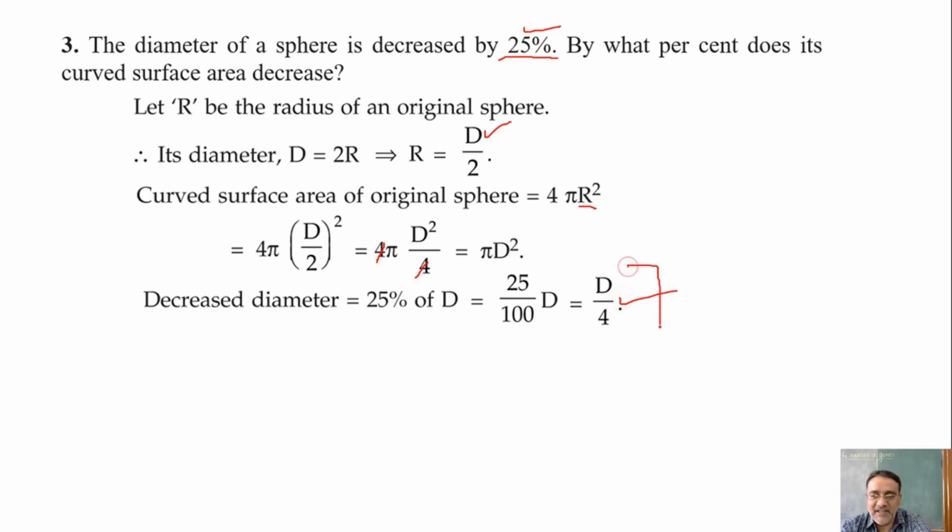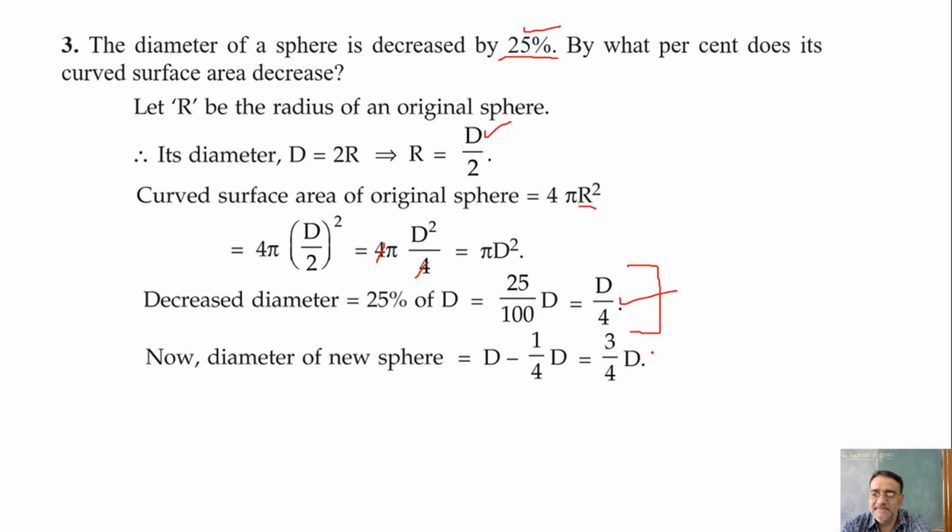Yes, sir. इतना डायमीटर कम हो गया, तो डायमीटर कम होने के बाद कितना मिलेगा? d minus d by 4. So we'll get 3/4. 1/4 कम हो गया तो कितना मिलेगा? 3/4 of d. This is clear. Yes, sir. Now we have to find curved surface area of new sphere.